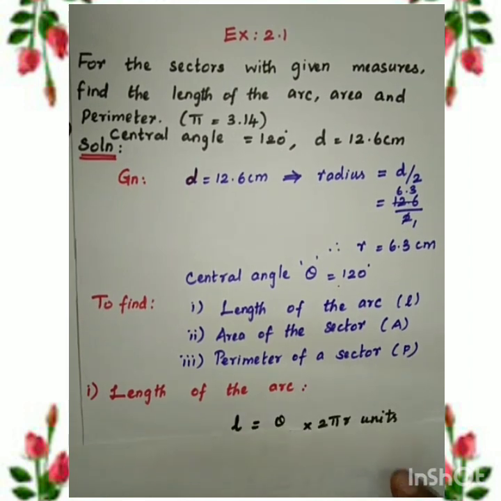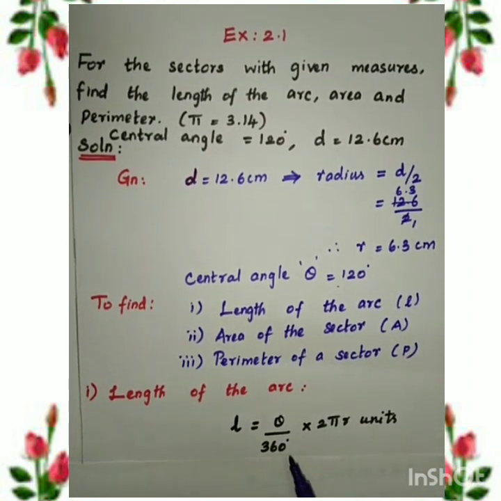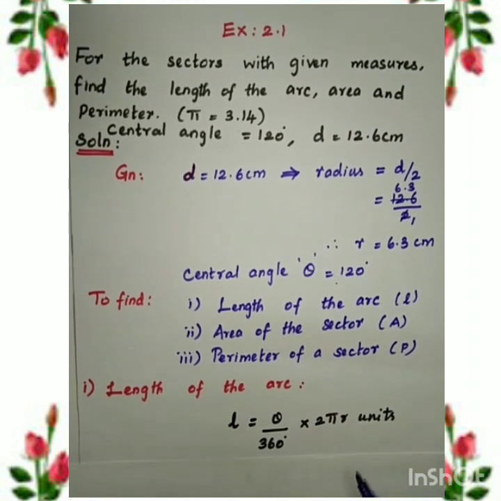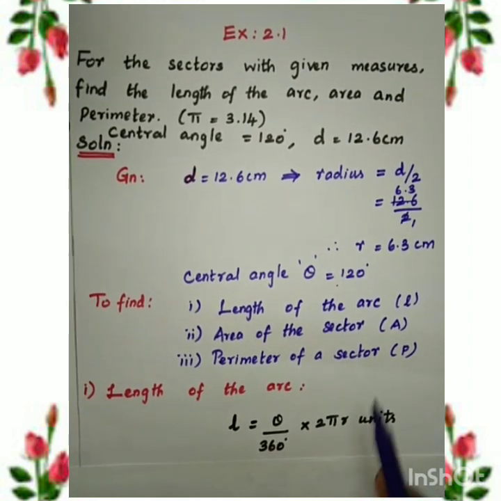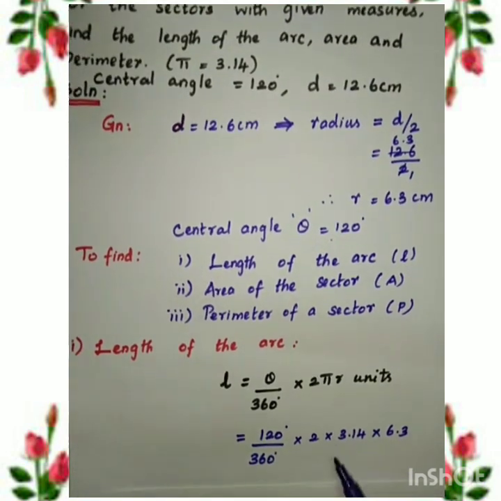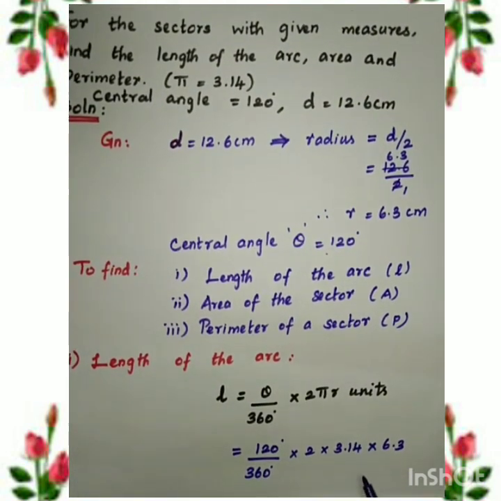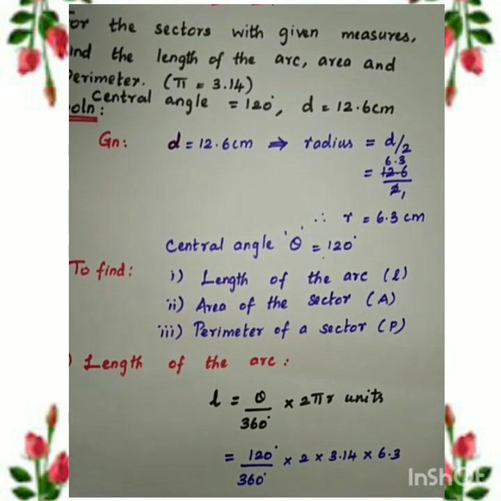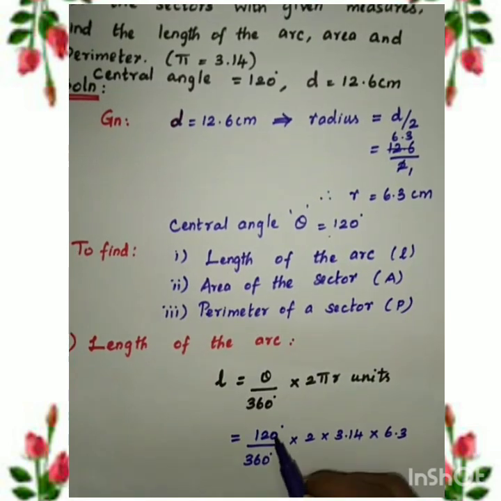The formula for length of the arc is L equal to theta by 360 degree into 2 pi r units. So we can substitute the values. Theta is 120 degree by 360 degree into 2 into pi value 3.14 into radius 6.3 centimeter. So we can cancel this.